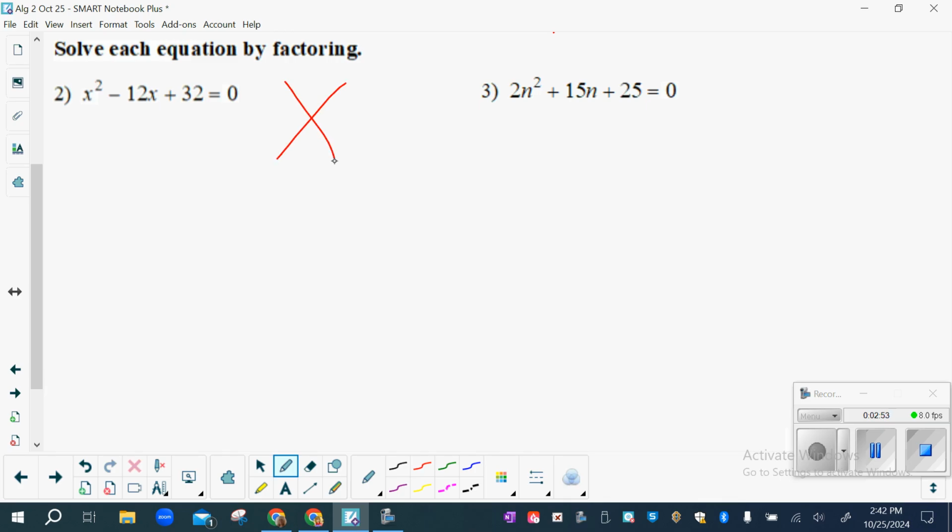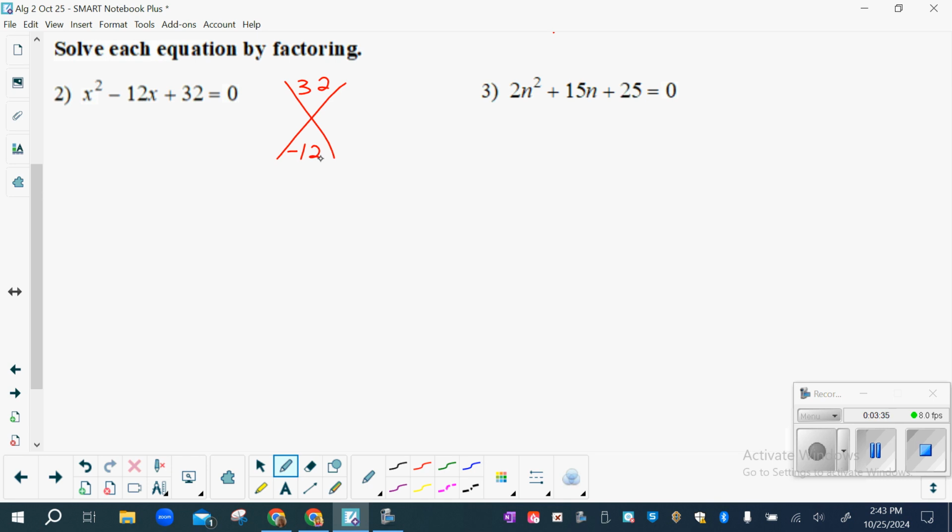So the reason we need to do that with the x is it is a polynomial, and it is a degree of 2, with an x squared, an x term, and a number. So what number do we put on the top? 32, and on the bottom, negative 12. So what multiplies to 32 that adds to negative 12?